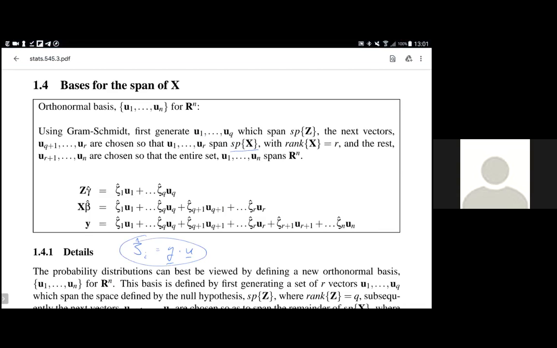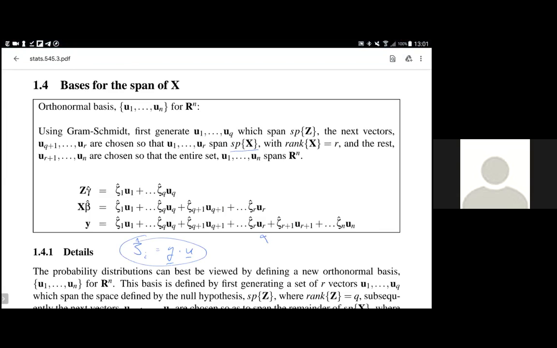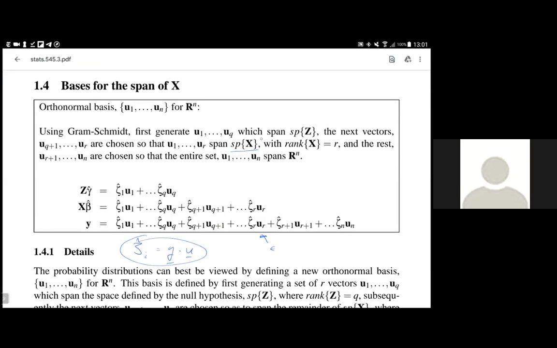Now also next, remember, for example, that we have written this as an element of this V here, span of the X matrix.